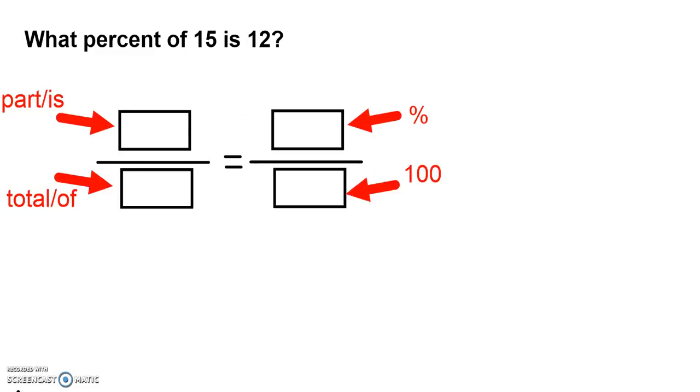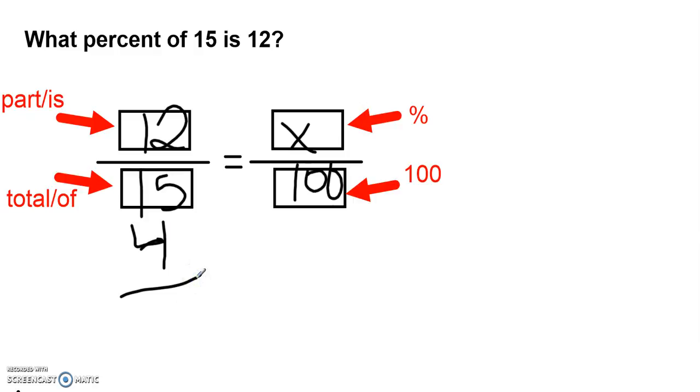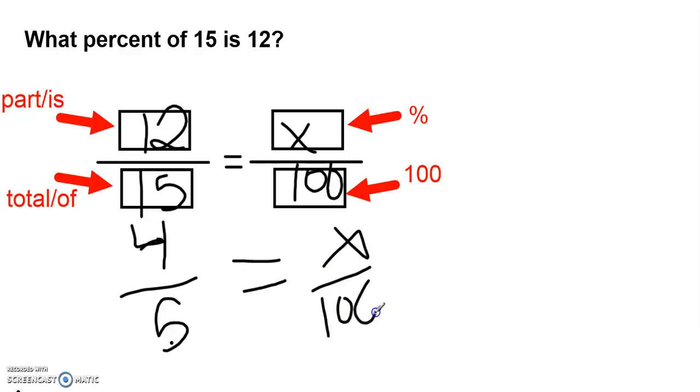So what percent of 15 is 12? So we put the of part here, we put the 12 here because that's is, and then we don't know this, but we put 100 there. I'm going to simplify this part of it. So 3 goes into 12 4 times, and 3 goes into 15 5 times, and that equals x over 100.